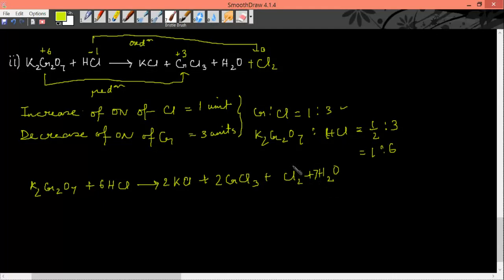So on the left hand side, we need 14 hydrogens, but we have only 6 hydrogen. That means we need an extra 8 hydrogen.